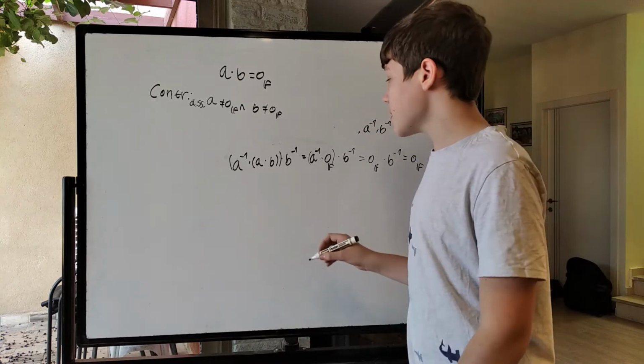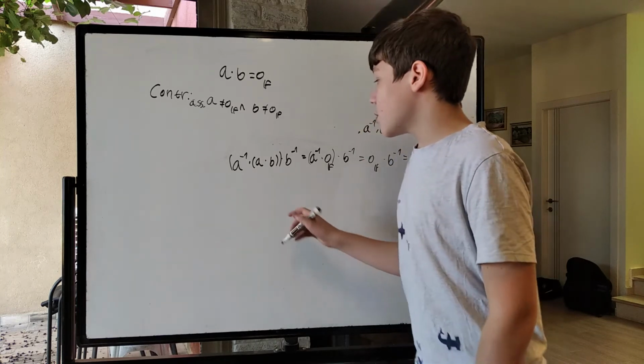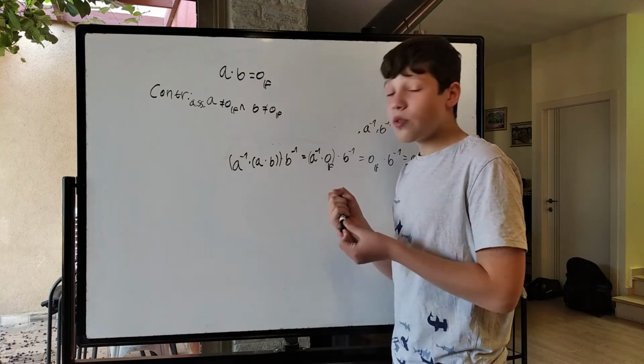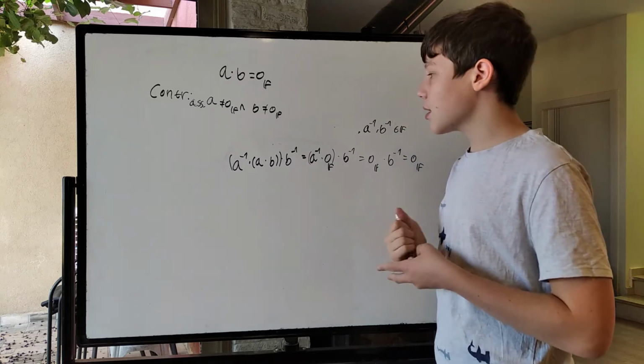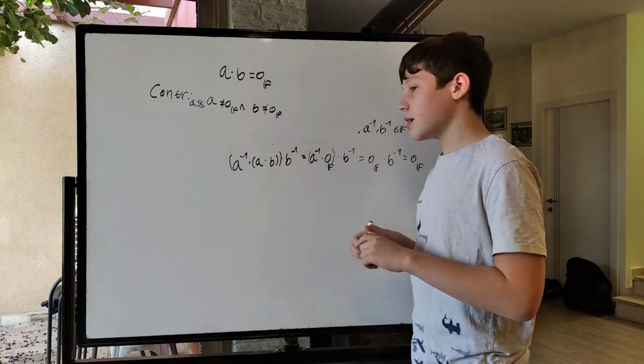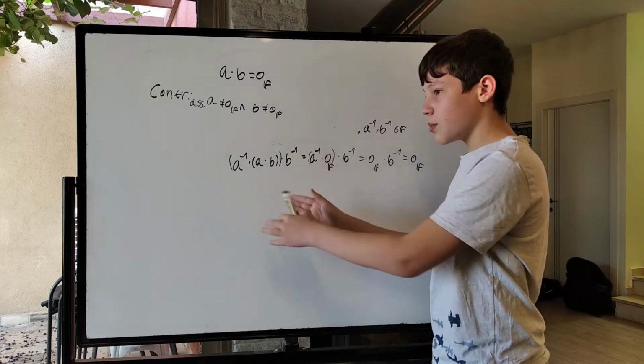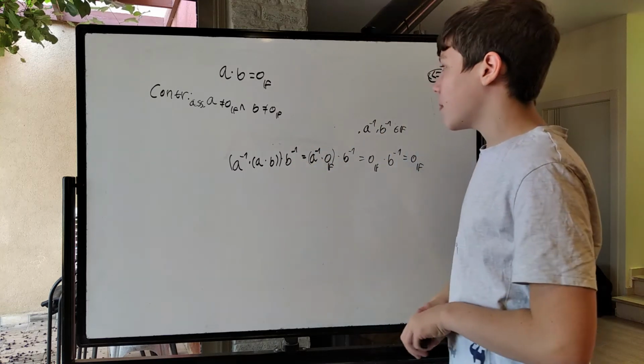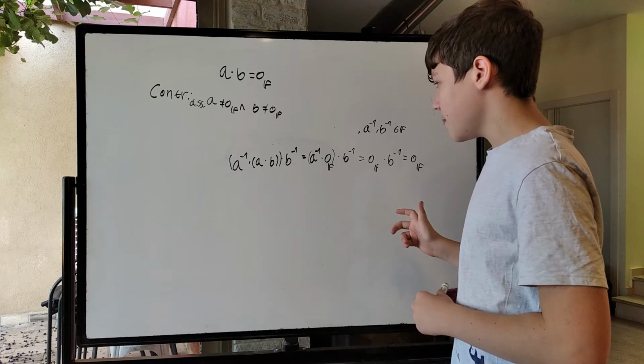But now let's look from this side. So first of all, I won't do the entire process because it's just long and a bit annoying. But we can switch the terms here by commutativity.